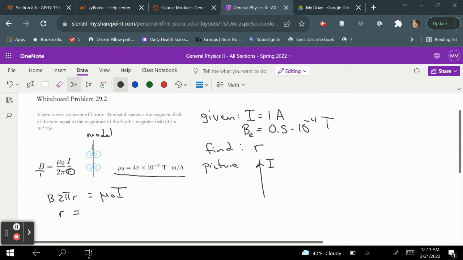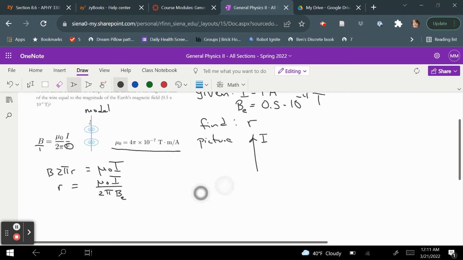So the 2 pi B is canceled on the left, and it's in the denominator on the right, over 2 pi times B. And the B that I'm going to plug in is the B of the Earth, because that's what I'm trying to figure out. How far from the wire do I need to be to have the same field as the Earth's magnetic field?